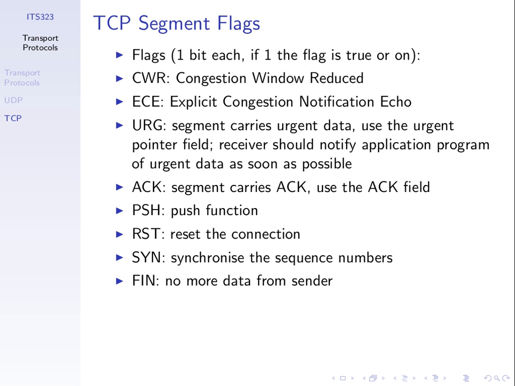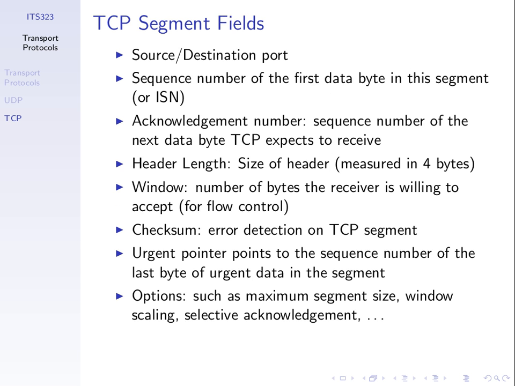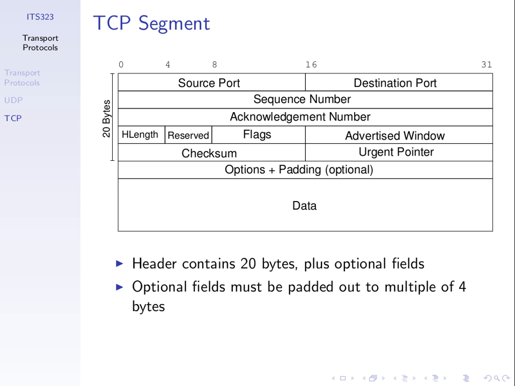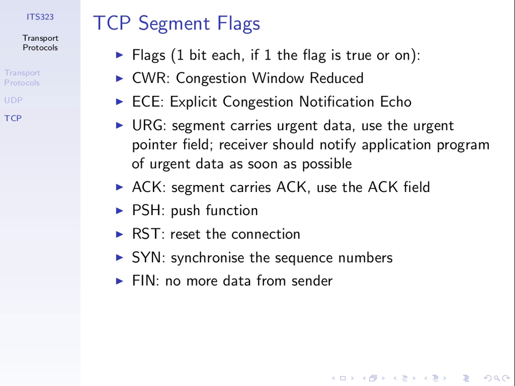Inside the TCP header, there are some flags, so some bits to indicate different features. One of those is the ACK flag. If the ACK flag has the value 0, it means this segment is not an acknowledgement. If it has the value 1, then it means this segment includes an acknowledgement. It includes an ACK.